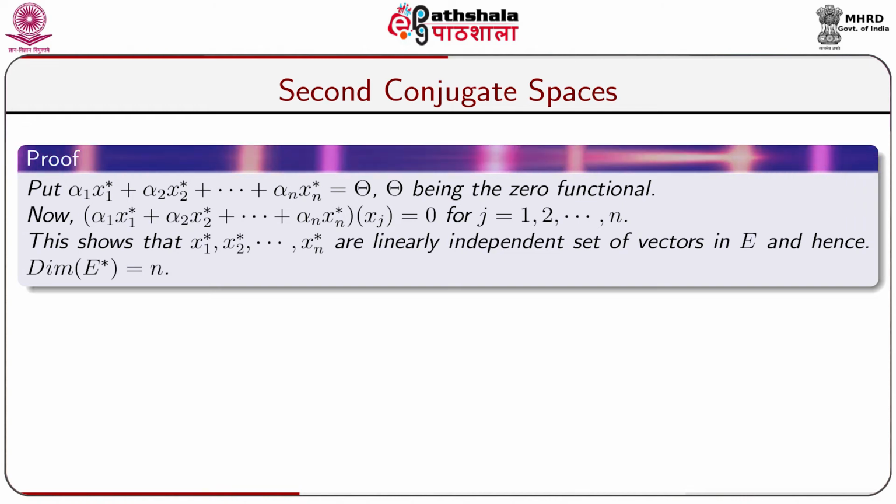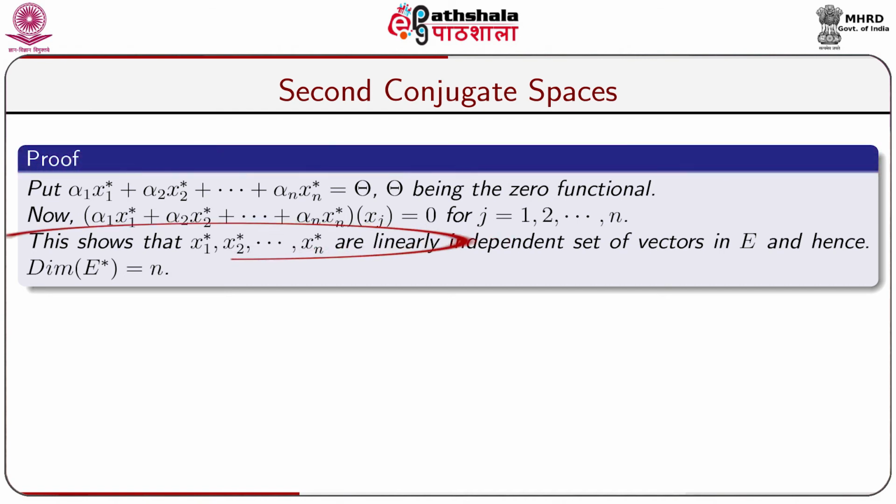This shows that alpha j is equal to 0 for all j equal to 1 up to n. That means x1 star, x2 star, dot dot dot, xn star are linearly independent. Hence, the dimension of E star is equal to n.